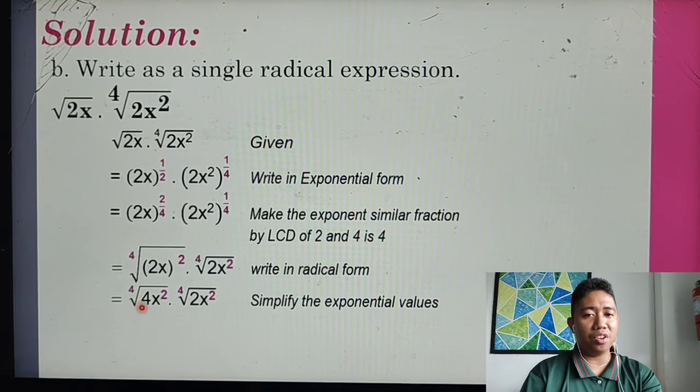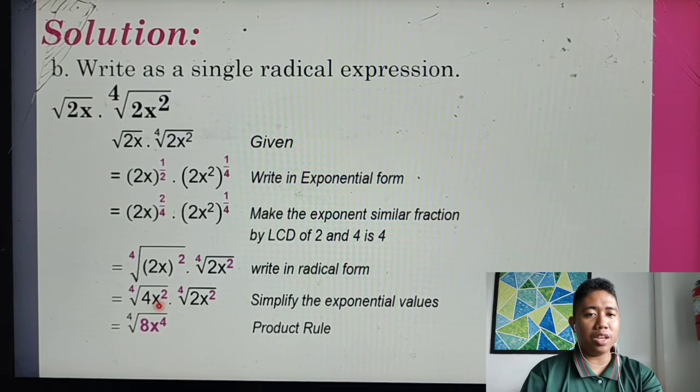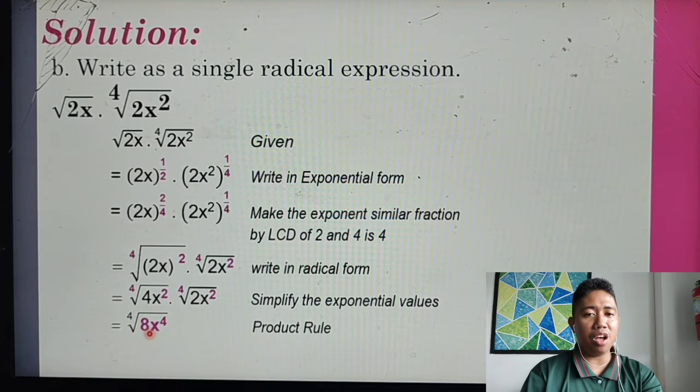It becomes the fourth root of 4x squared times the fourth root of 2x squared. So we have the same indices, and by that, we get the product. 4x squared multiplied by 2x squared gives the fourth root of 8x to the power of 4.